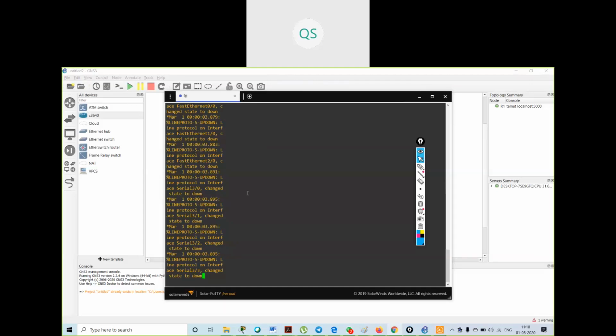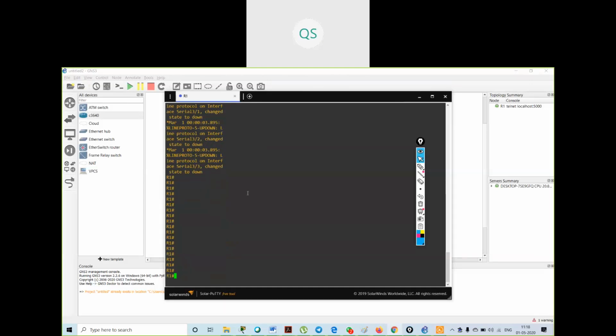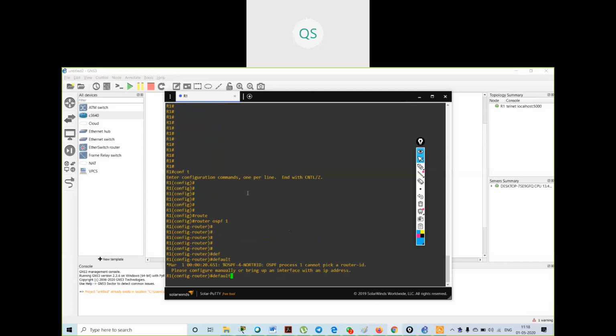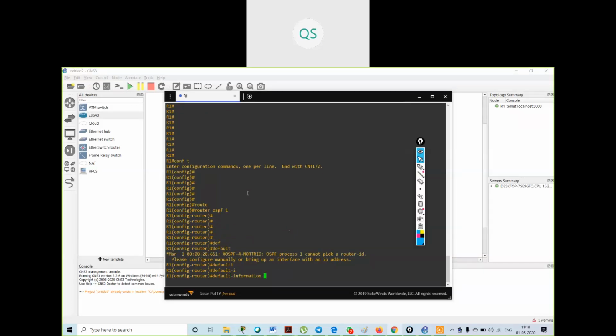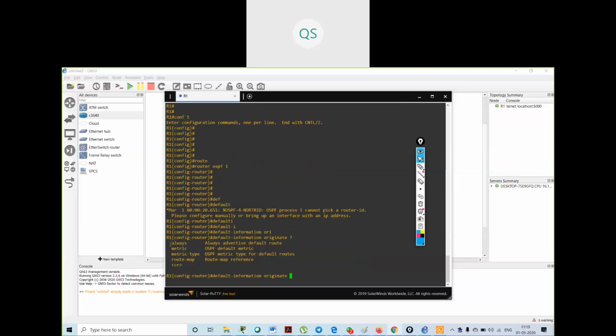Okay. So I'm on this router, in the terminal, router OSPF 1. I will say default-information originate. You can see over here I am having a command, always: always advertise default route.